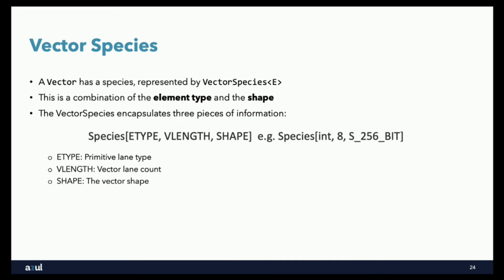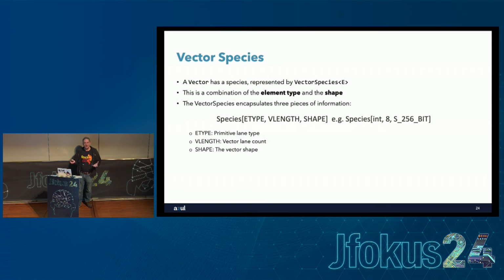As an example, you'll see int to indicate that we're storing ints in our vector. 8 is the number of elements that you can store in that vector, and S_256_BIT is the width in terms of bits, so the shape of the vector. So it gives us a way of understanding the combination of information about the vectors we're going to be using.